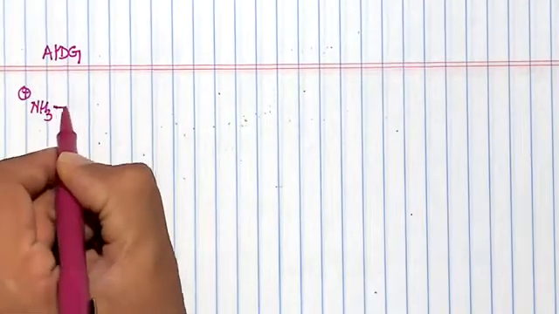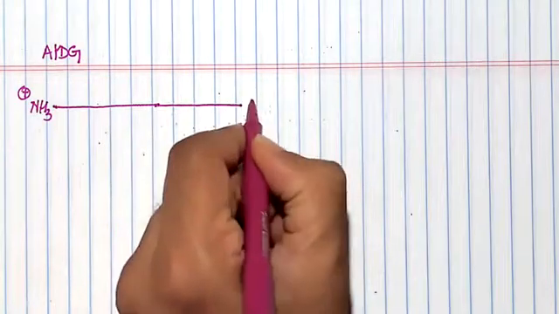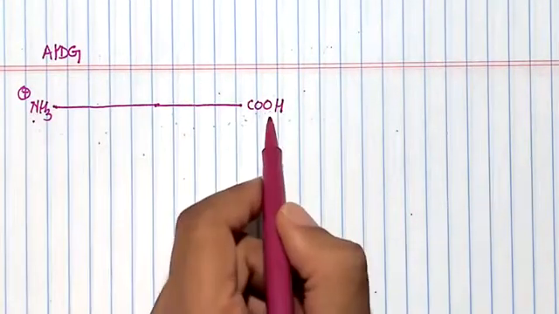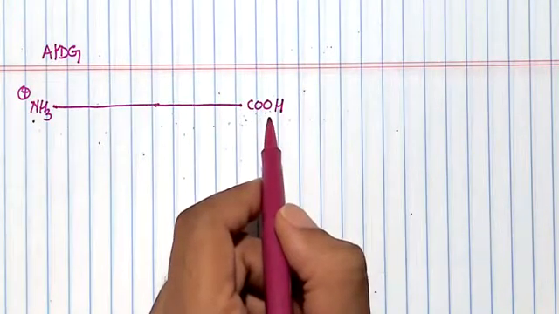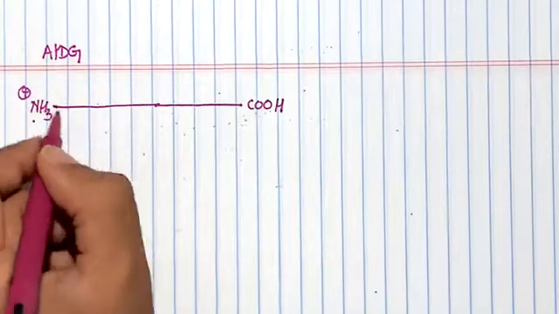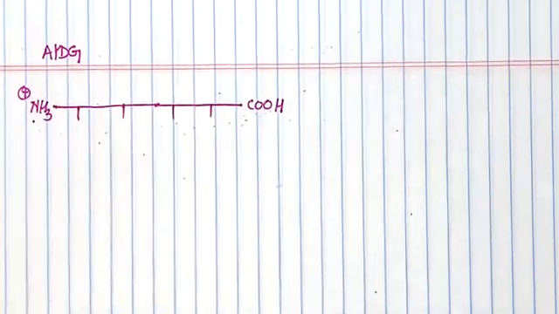So all I have to do is draw my alpha amino group of the first amino acid, draw my alpha carboxylic group of my last amino acid, and how many side chains do I have? 1, 2, 3, 4.